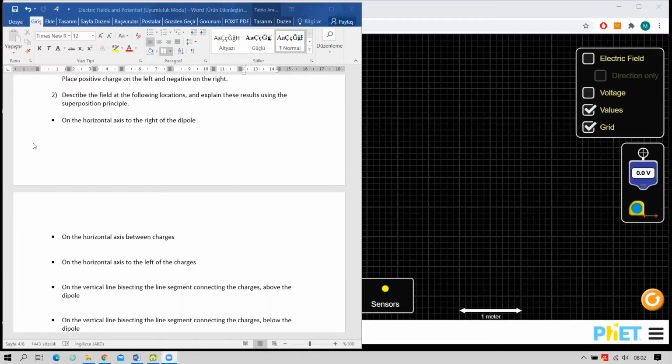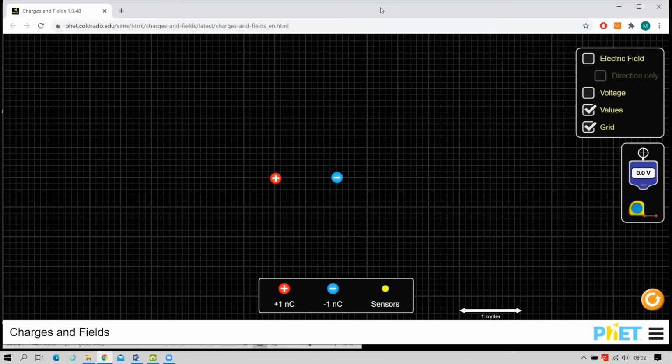On the horizontal axis to the right, it is... Let me switch to simulation.